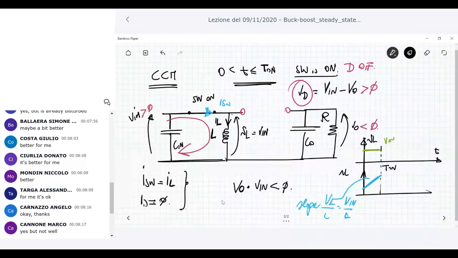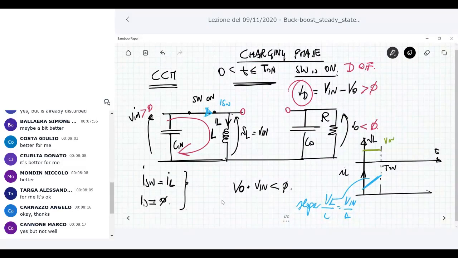This phase, in which during T on the input voltage V in is devoted to charging the inductor L, is also called the charging phase. We are charging the inductor.